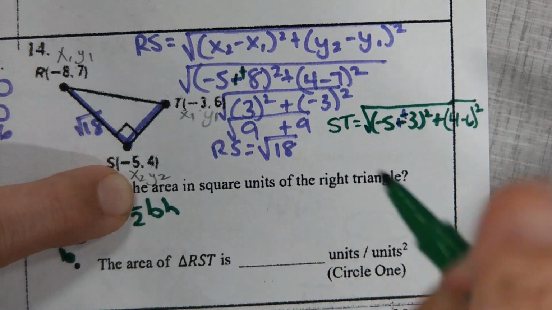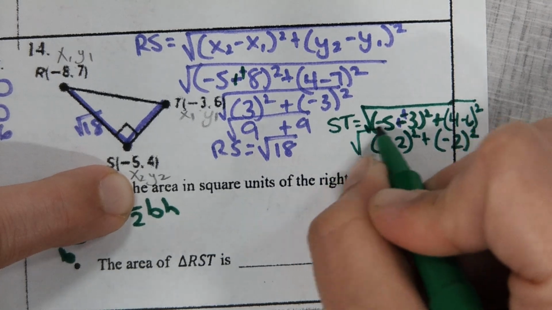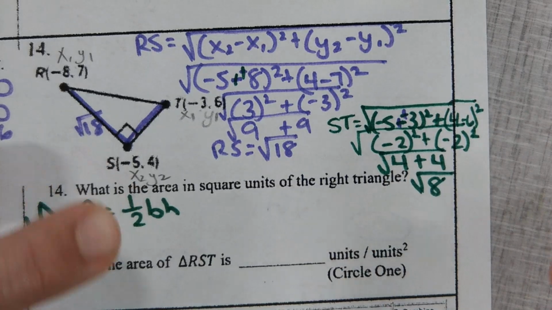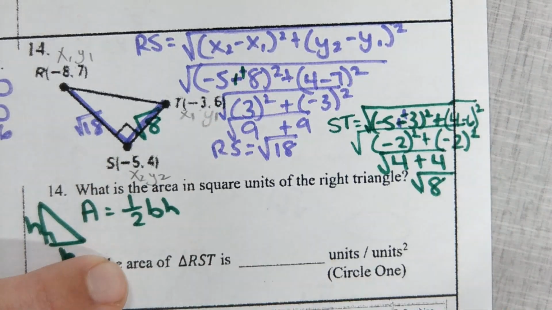Add the opposite here, we get -2 squared plus -2 squared, 4 plus 4, square root of 8. So my length here is square root of 8.